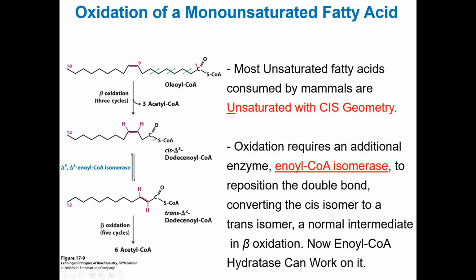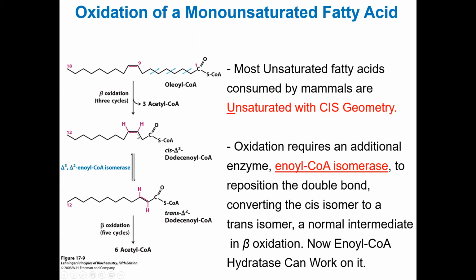Now, if you look here, carbon number 1 is here, carbon number 2 is here, and carbon number 3 is there. I hope you are able to see my cursor, okay? So if you look here, it clearly has a cis double bond between carbon number 3 and 4, because the carbonyl carbon is carbon number 1, right? So you have to transpose that to bring it to carbon number 2 and 3, and ideally in a trans configuration.